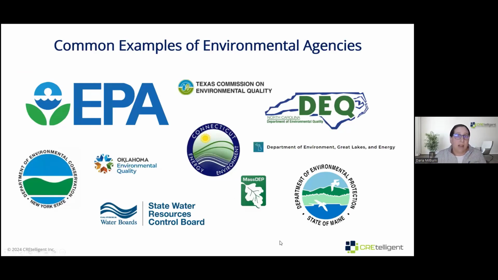So some common examples of environmental agencies that many of you who are on this call will be familiar with, and this is not exhaustive because there is not enough space on this slide to show every agency. But we've got the EPA, which is the mother lode. It's the big one. And then we've got state agencies. A lot of the state agencies will also push down responsibilities to the county level.